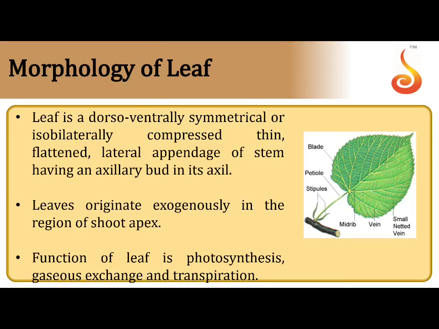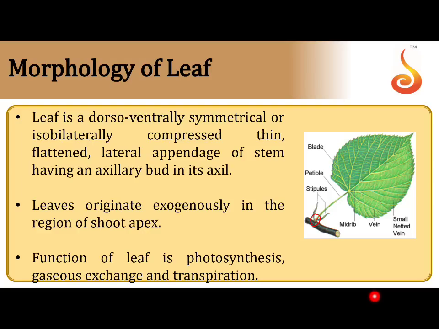So, the first part in morphology we understand is a leaf is a part of the shoot system where an axillary bud present at the nodes of the branches modifies itself or differentiates itself into forming a leaf. If you look at this leaf, it is dorso-ventrally symmetrical type.